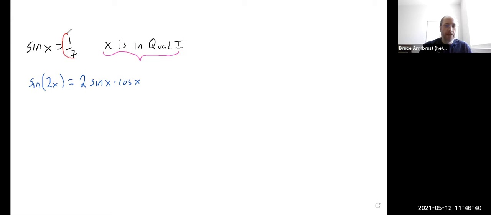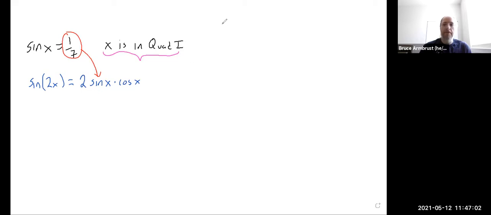Already we know what goes in for sine of x, since I've been told it's 1/7. If I can figure out the cosine of x, I can put that in and get my value. So how are we going to get cosine knowing that sine is 1/7?